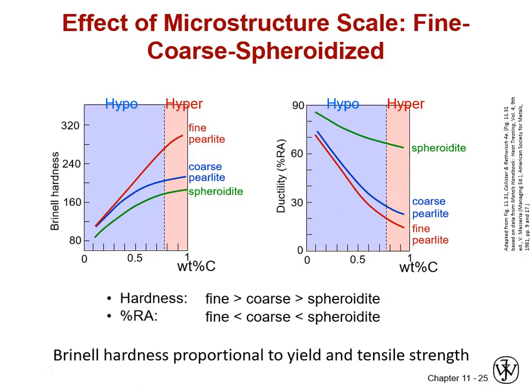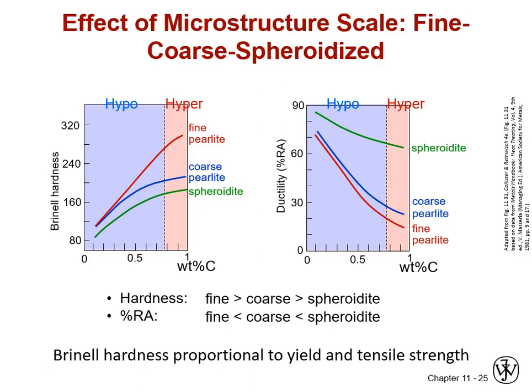Over on the left-hand side, we're now comparing carbon content across our steel range, going hypo to hypereutectoid, but this time we're rearranging the microstructure and comparing fine pearlite, coarse pearlite, and then our balled up cementite, spheroidite, from our spheroidizing treatment. This time we're using Brinell hardness as just an indicator of all of our strength mechanical properties.